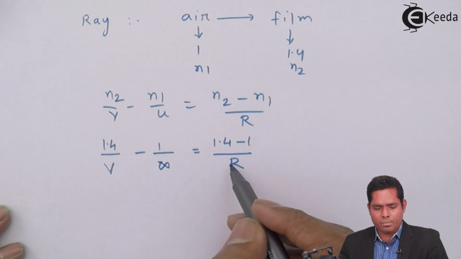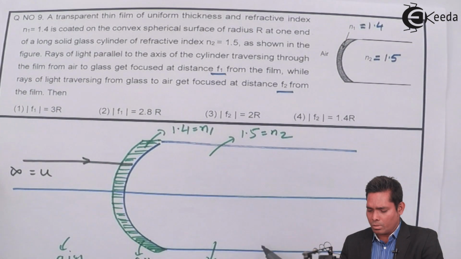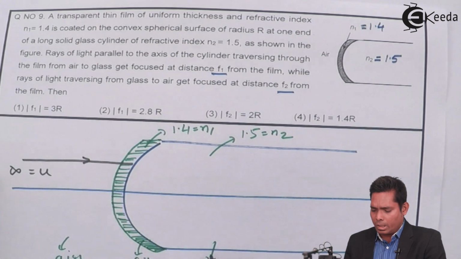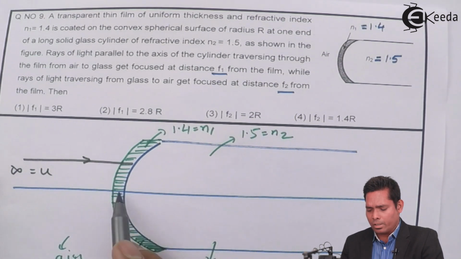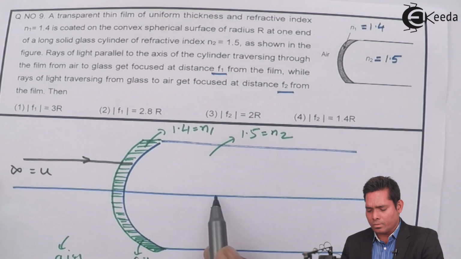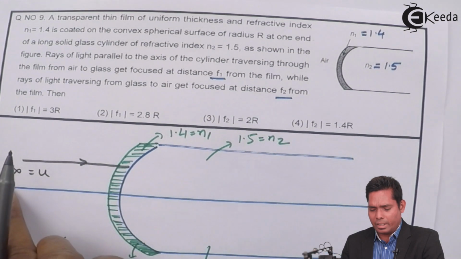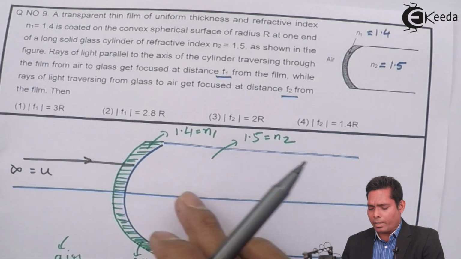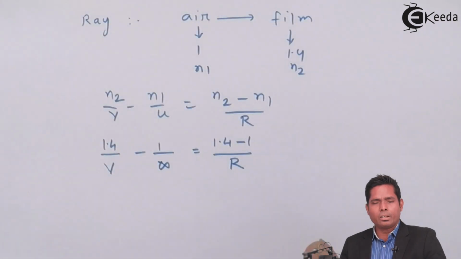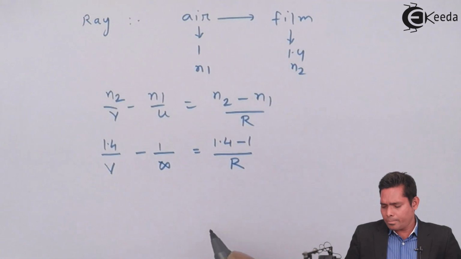This r is positive because if I complete this it will be a sphere, and the center lies on the right side, so this distance is positive. U is negative, but it doesn't matter, it is infinite, so that term is 0, and the final image must be somewhere here. That is our intuition, but we'll see whether it holds.